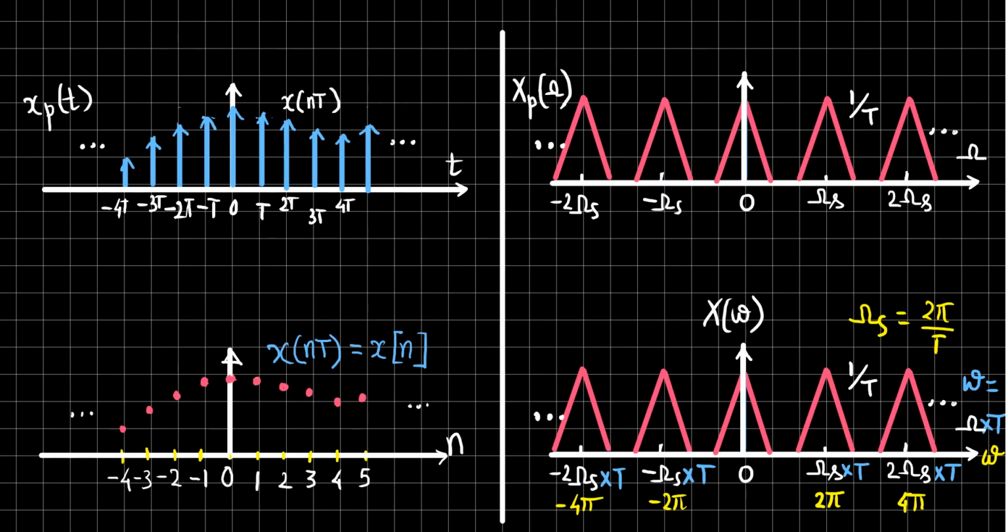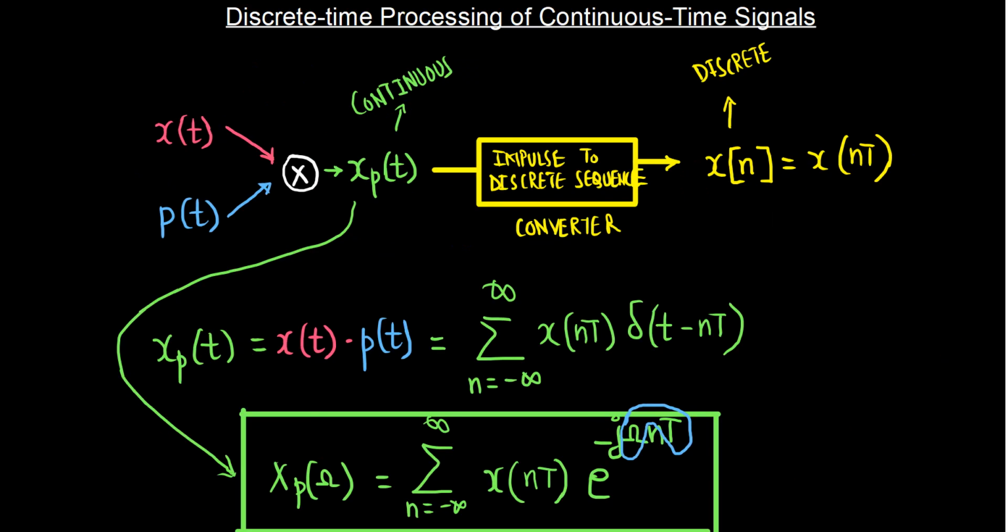We simply retain the values. So that process is done here when we convert these impulses to a discrete sequence. So we simply retain the magnitude, the values, and arrange them one after the other in order to obtain x of n that is equal to x of nT, or the values of the signal at those locations.